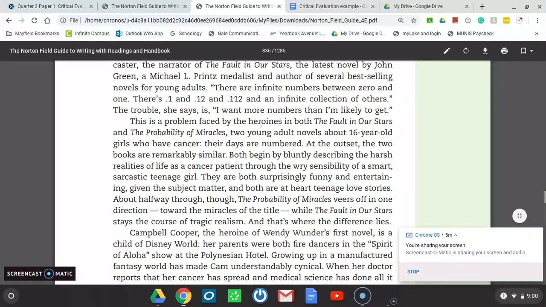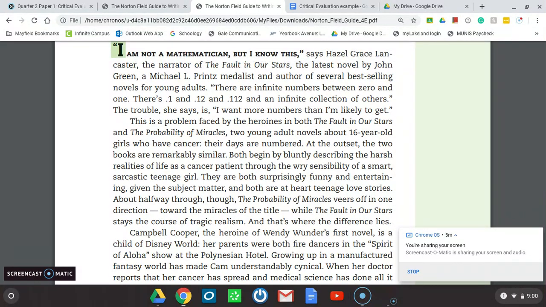We have a very short synopsis that details the major topic they're focusing on, which is that there are two 16-year-old girls who have cancer. So that is an evaluation we're told is about to be spoken, that there is a difference in how these two teenage cancer patients' stories are presented.